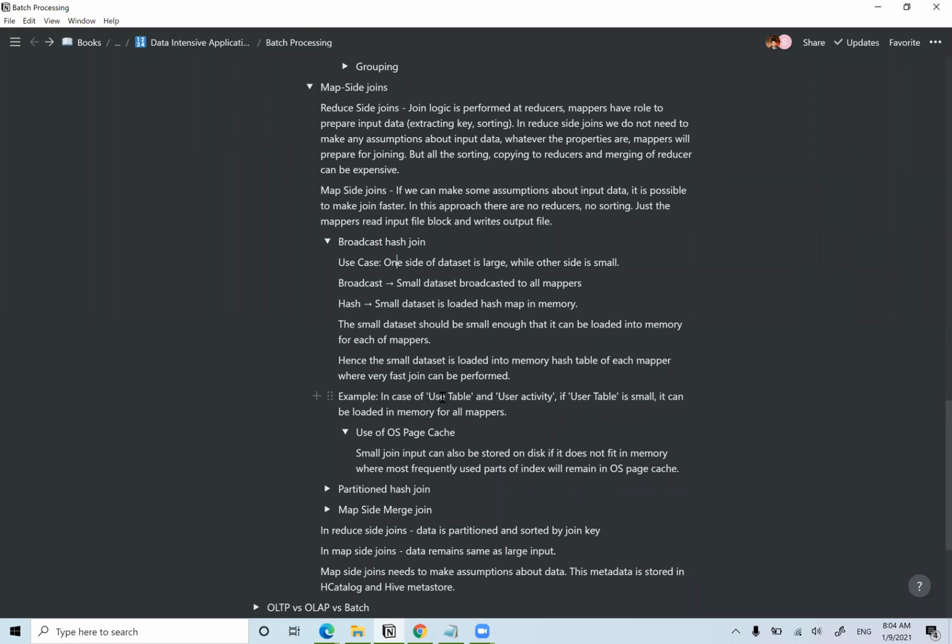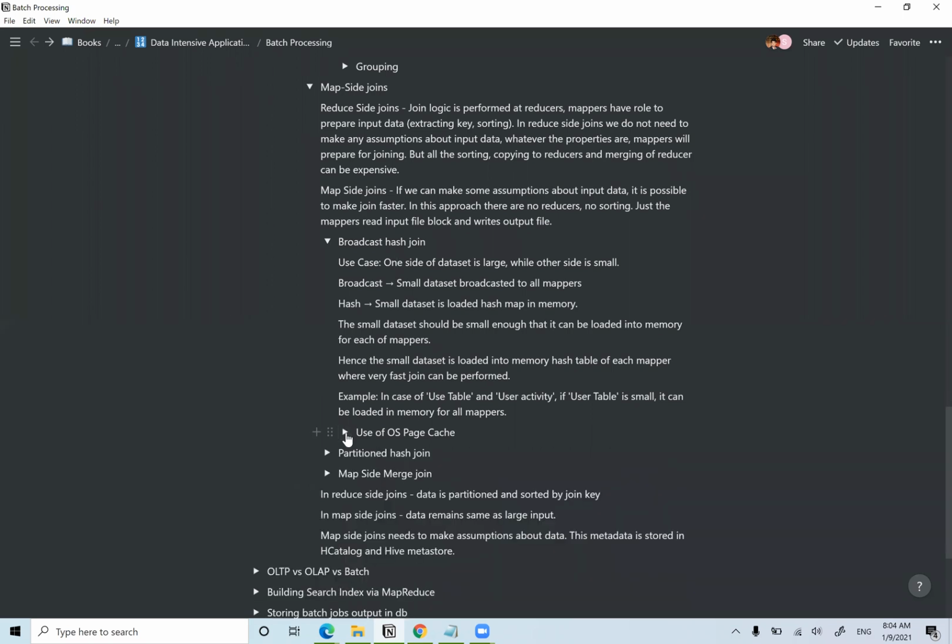Because your most frequent parts of data will be stored in memory in page cache by the OS, it will have the same fast performance as doing an in-memory lookup, right? So it's not mandatory that your small data set should fit in memory. Even if it's a bit larger, as long as some parts of the data are repeatedly used and stored in the OS page cache so they can be accessed from memory, we can still use broadcast hash join, right?